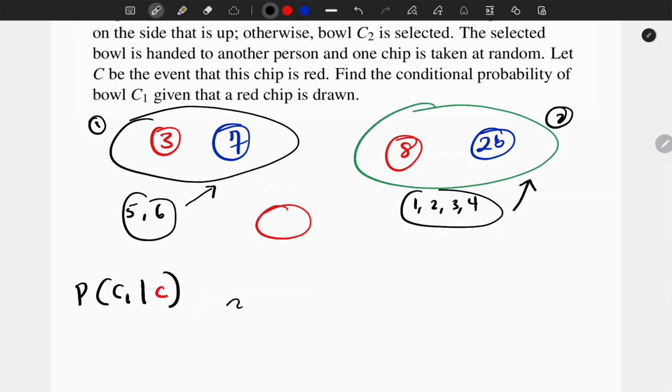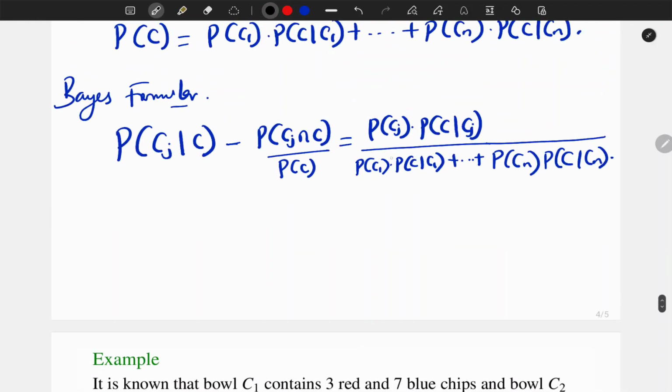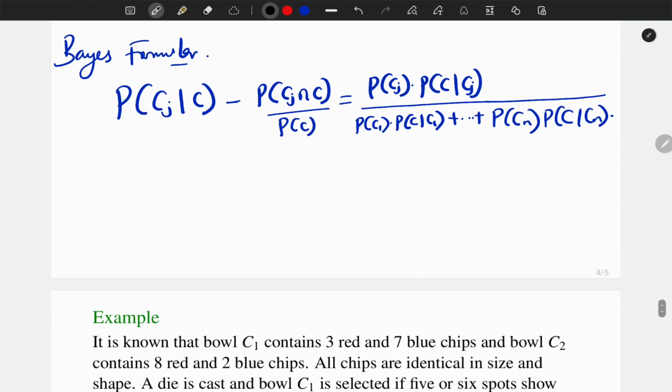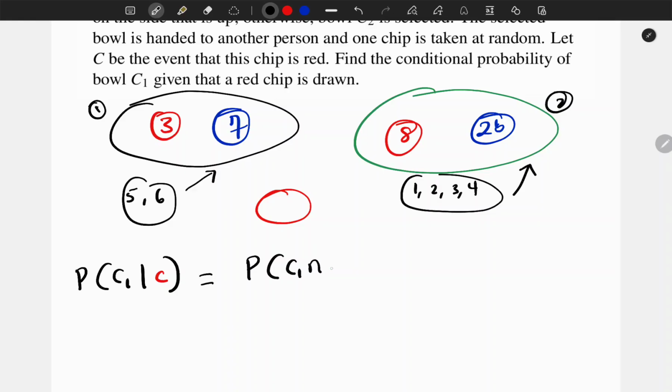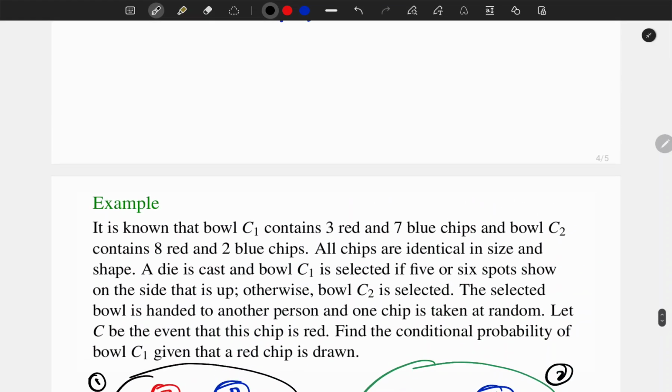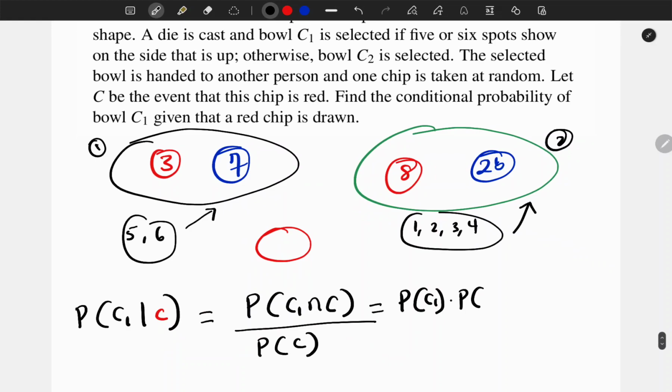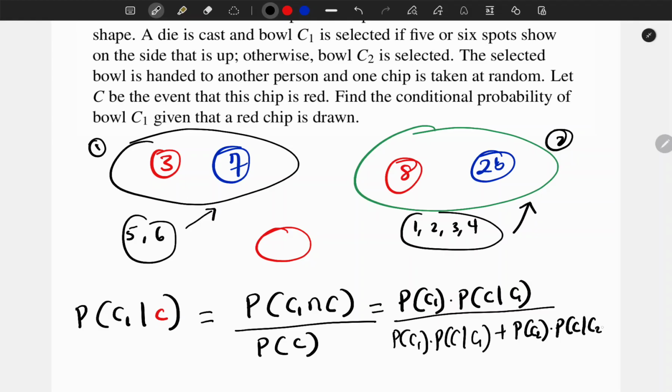Using our formula, the probability of C1 given C is equal to the probability of C1 intersection C over the probability of C, which is equal to the probability of C1 times the probability of C given C1, over the probability of C1 times the probability of C given C1 plus the probability of C2 times the probability of C given C2.